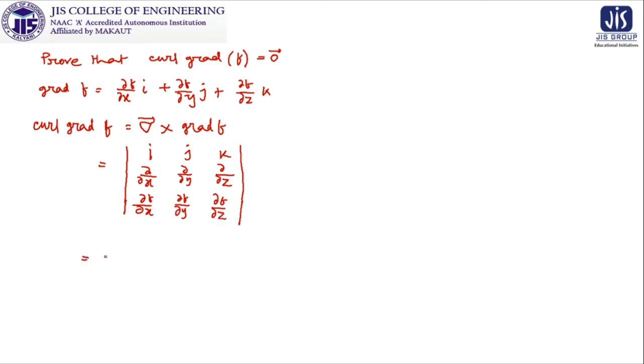So if we want to simplify it, what do we get? Del y on del f del z means del 2 f del y del z, minus, for k, del z on del f del y, that means del 2 f del z del y.